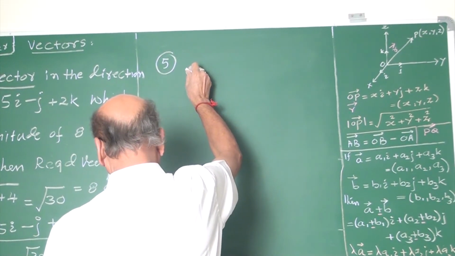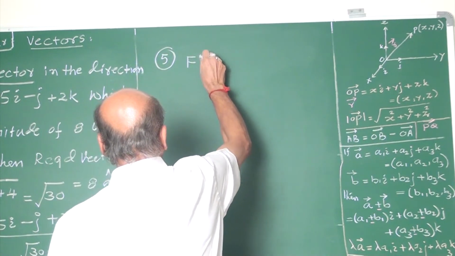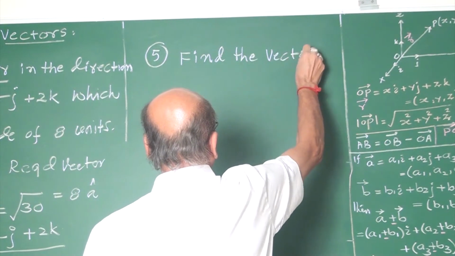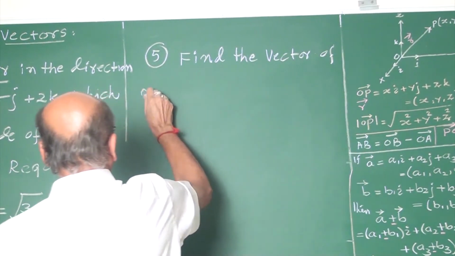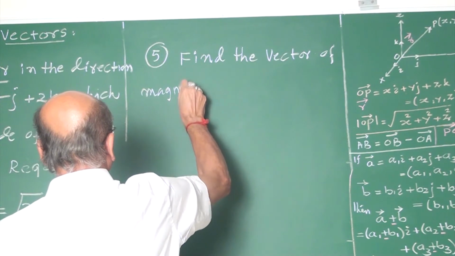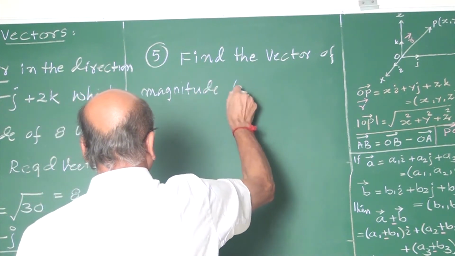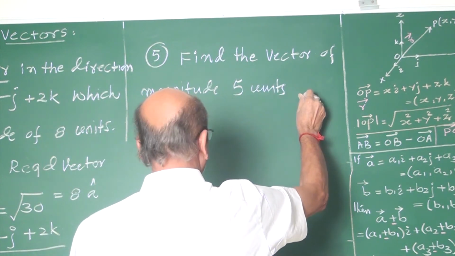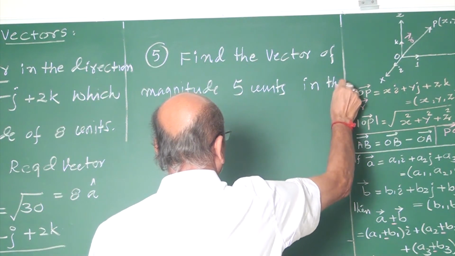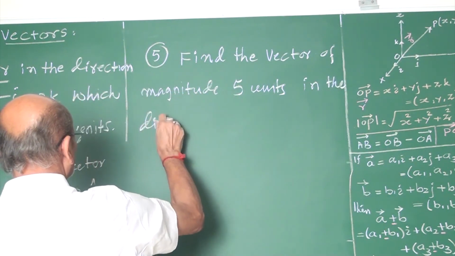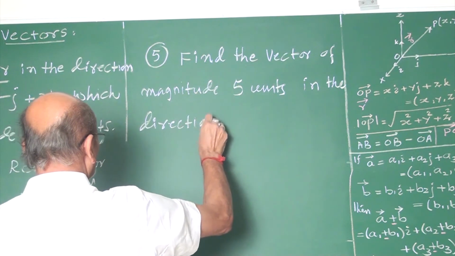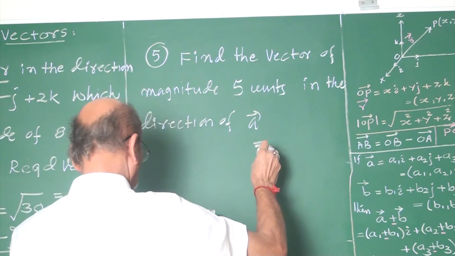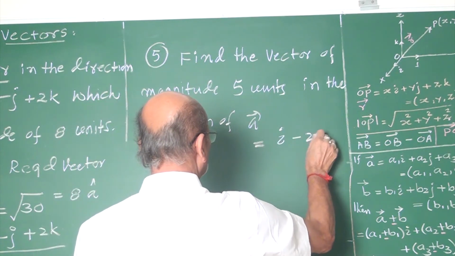Find the vector of magnitude 5 units in the direction of vector A equal to i minus 2j, my friends.